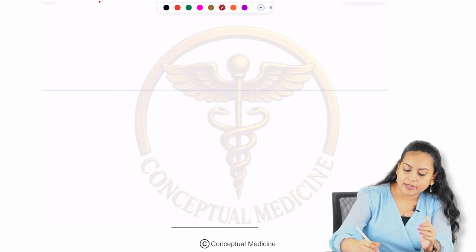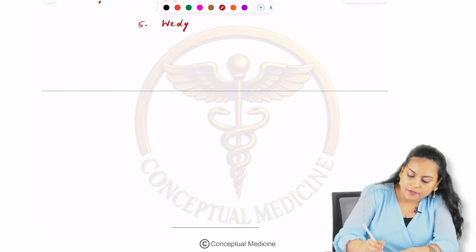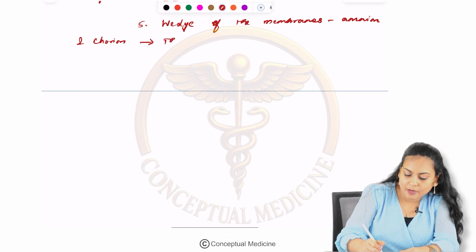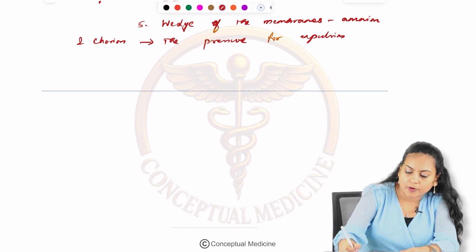Early in pregnancy, it helps in forming a wedge of the membranes, amnion and chorion, so the necessary pressure for expulsion is provided.